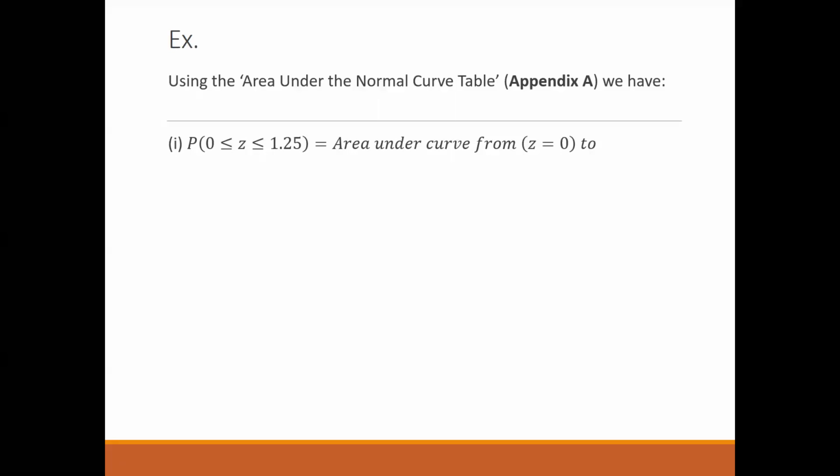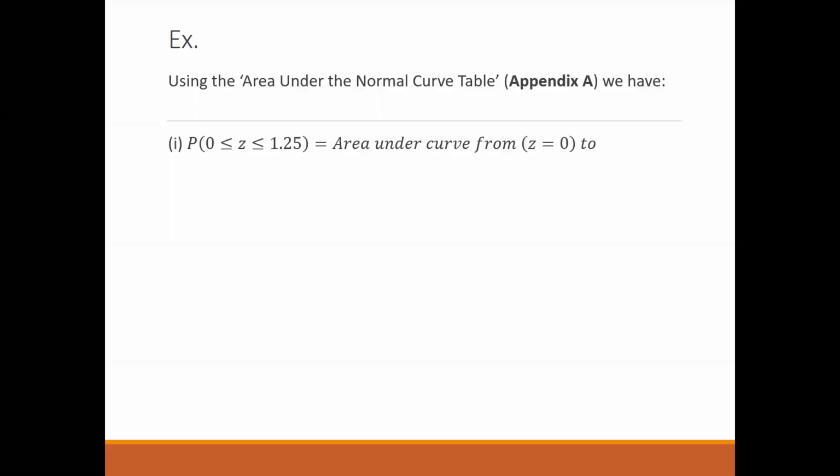The same table has to be referred to for the negative side as well. As I told you, we need to convert the negative values into positive using the property of symmetry and refer to the same table. It is not that the negative values will have different probabilities compared to the positive values. It is the same, so we have to refer to the same table.